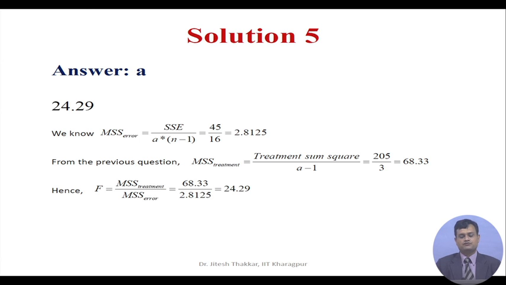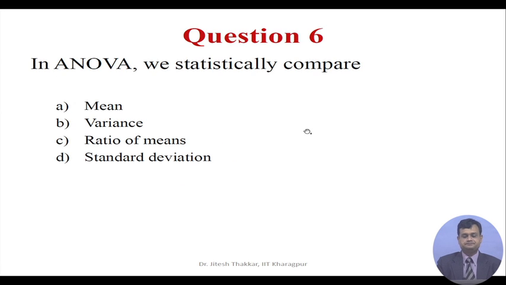So, it is 45 by 16, that is 2.8125. From the previous equation, the mean sum of square treatment was found to be 68.33. As you know, F statistic is MSS treatment divided by MSS error. So, it is 68.33 divided by 2.8125, and this is 24.29.